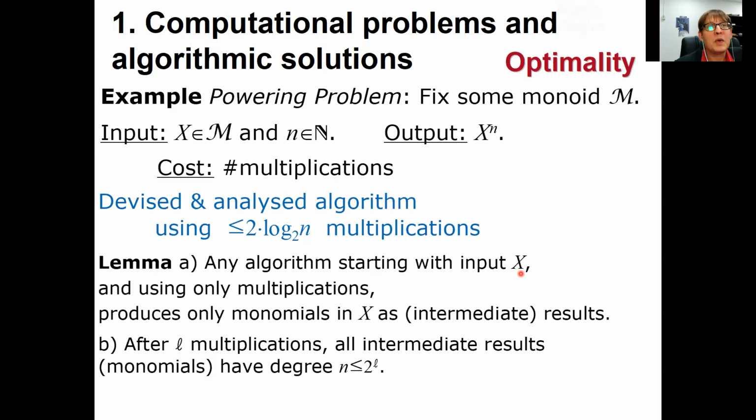Induction start: suppose the algorithm uses L equals 0 multiplications, then only its input x is among the possible intermediate results, which is x to the 1, and that has degree 1, which is indeed 2 to the 0, the case of induction start L equals 0.